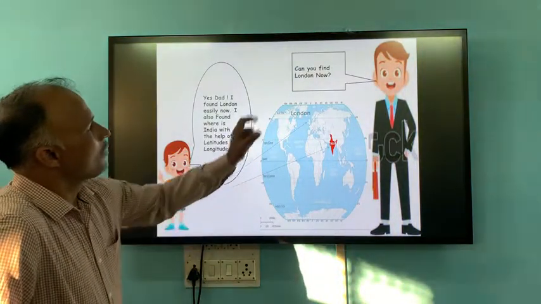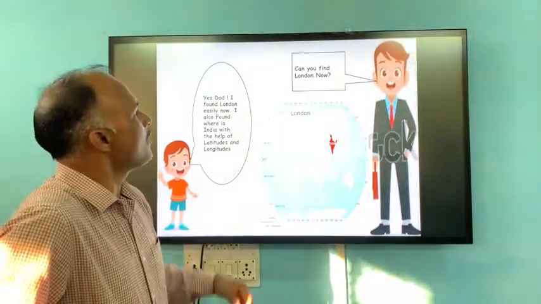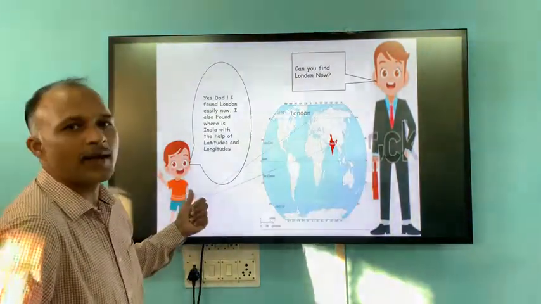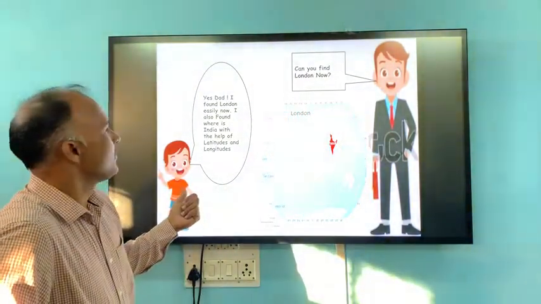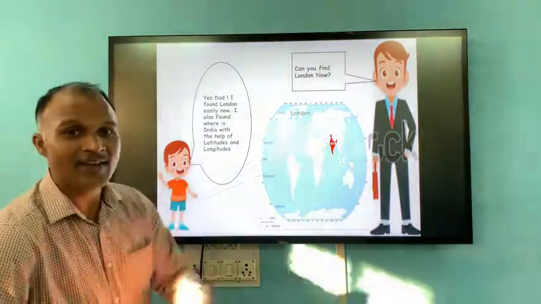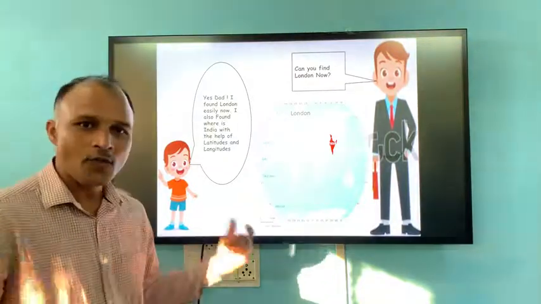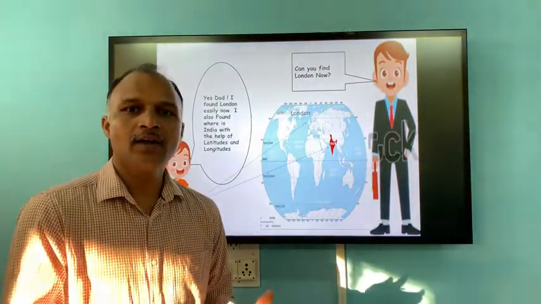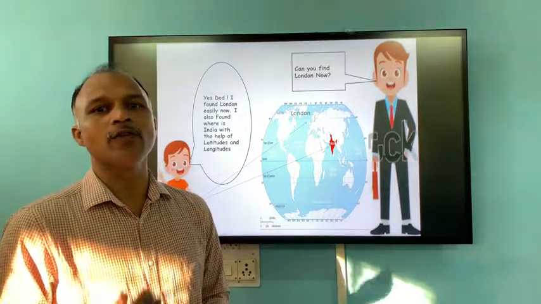Then his father asked, "Can you find London now?" Rohan replied, "Yes, Dad, I found London easily now," because he could understand latitudes and longitudes now.